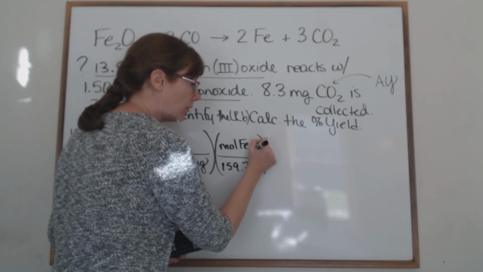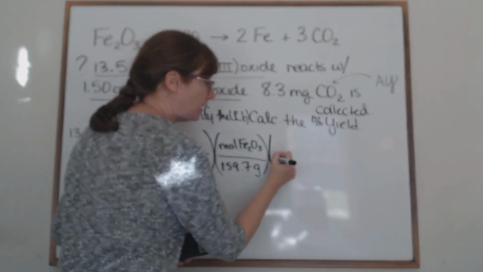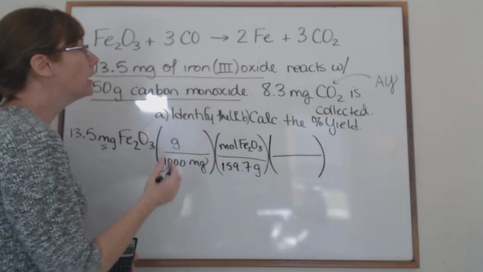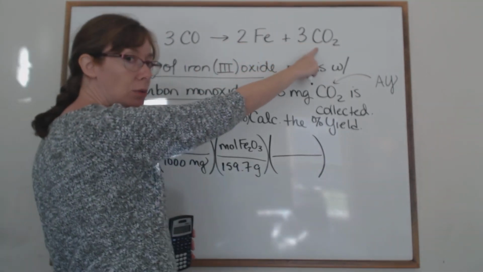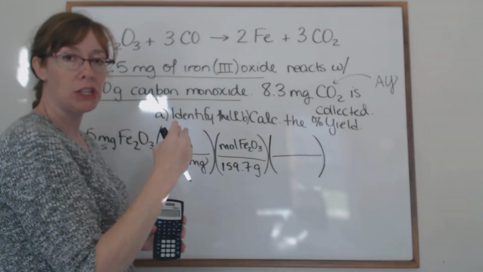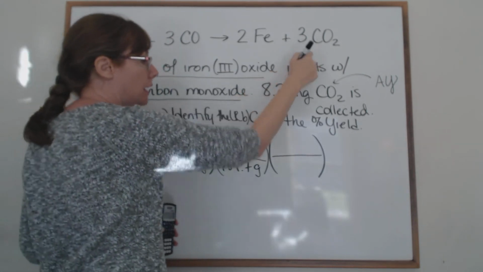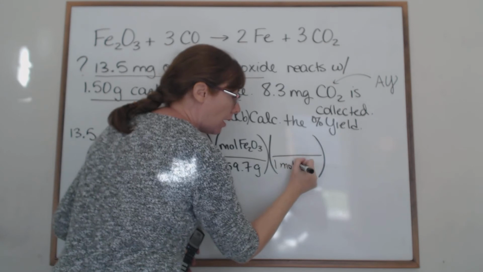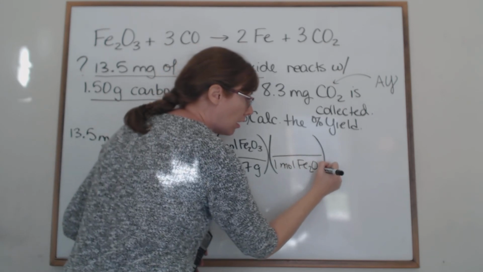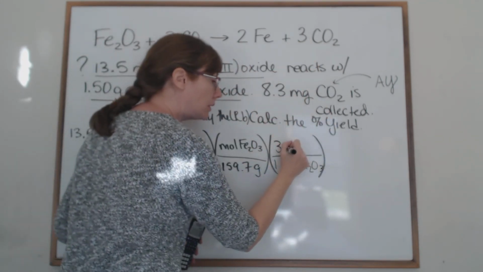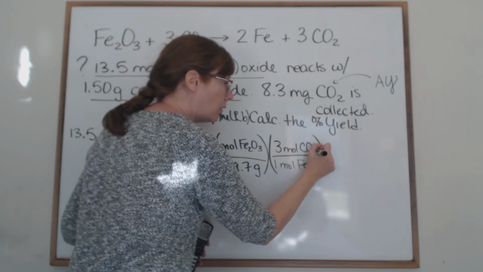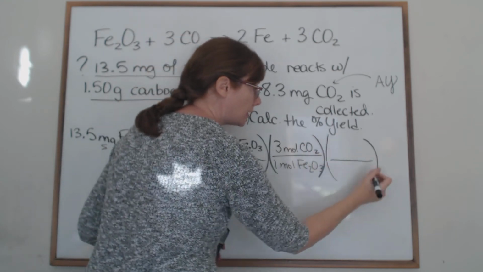Mole of Fe2O3. And like I said, when we're trying to figure out which product, let's fixate on the one that the rest of the question is about. So we're going to do a mole ratio between him and him. For every 1 mole of Fe2O3, I will make 3 moles of CO2. And why not just get the grams?